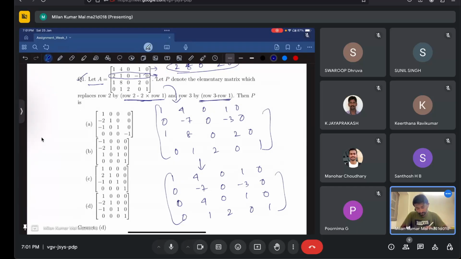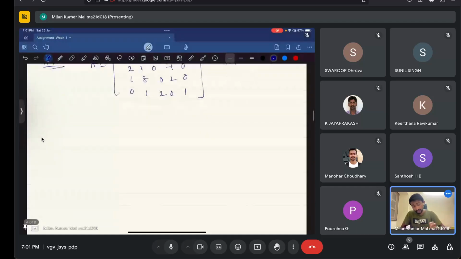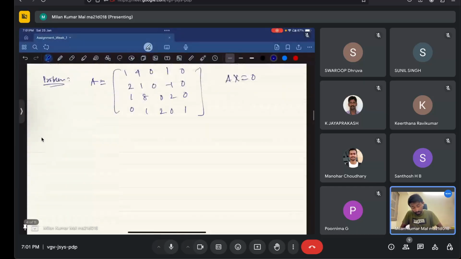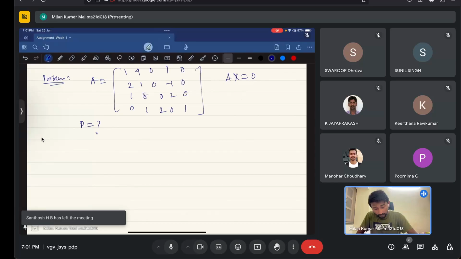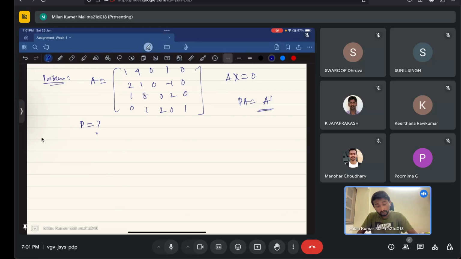So we are asking for P, which does this: PA will be a new matrix A dash, which is obtained from A by two operations. One is row 2 minus 2 times row 1, replaced by row 2 dash. And second is row 3 dash equals row 3 minus row 1.